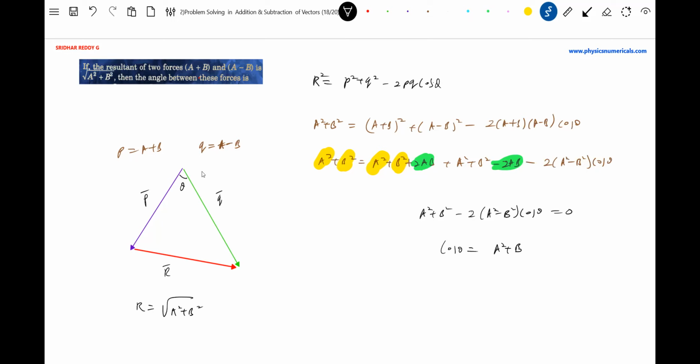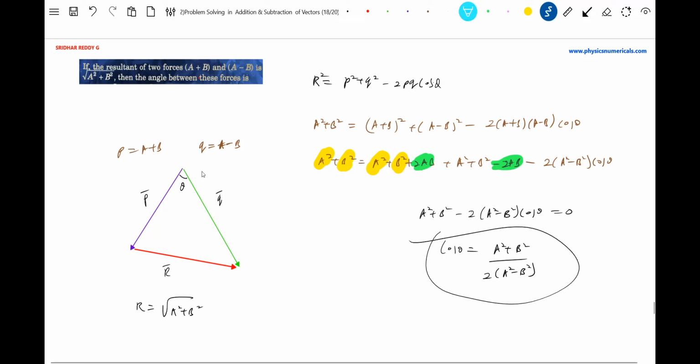A square plus B square over 2 times A square minus B square. This is the value of cos theta. You have to write the equation, interpret the diagram, then sine rule, cosine rule, Pythagoras theorem, all the basic maths. Randomly is what you should try to apply here.